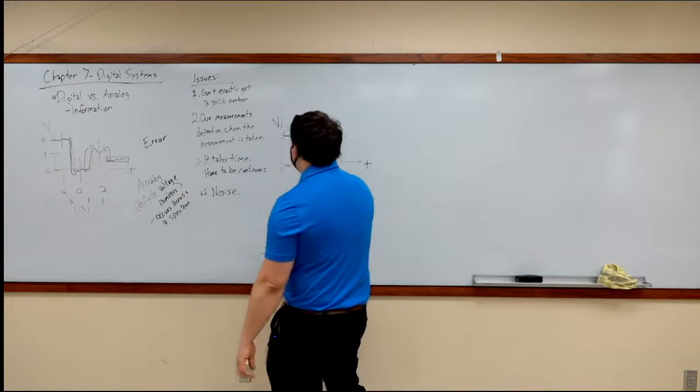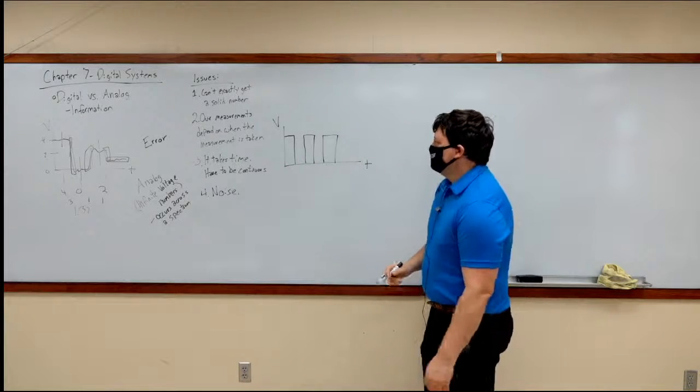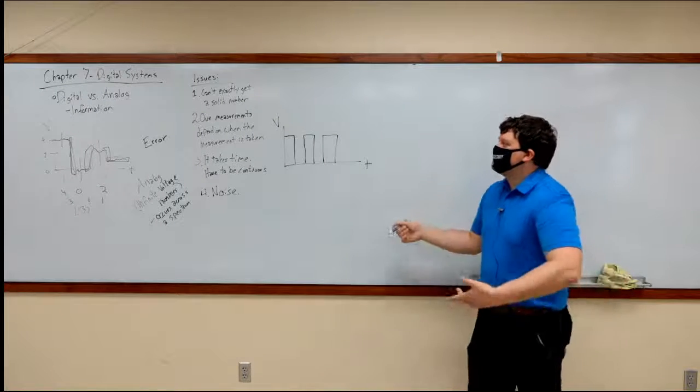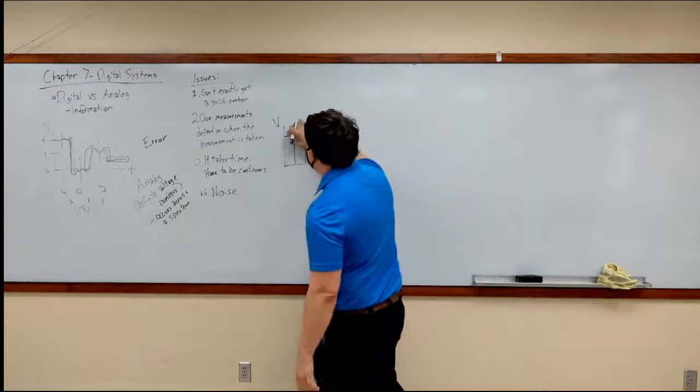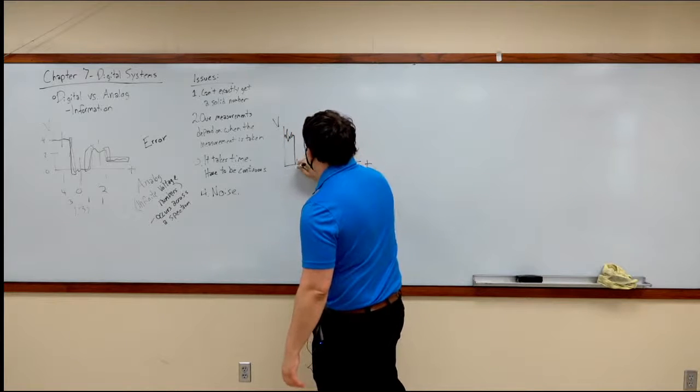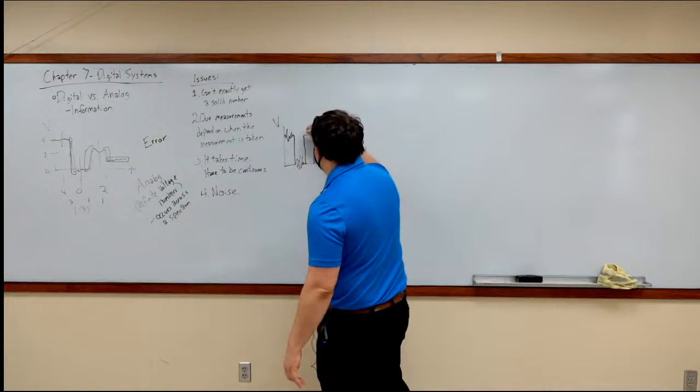Okay, the nice thing that we saw about that is that it does not have to be continuous. So here, I can't exactly get a solid number. I'm still going to be experiencing some amount of error. Okay? And in fact, I'll exaggerate the error here.